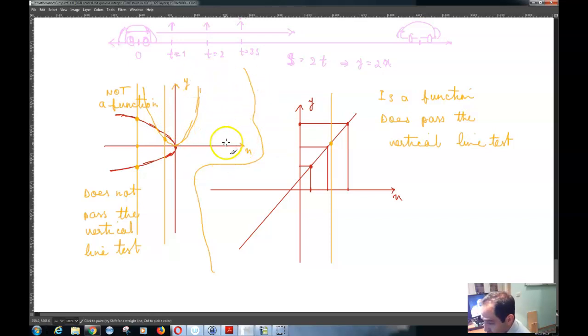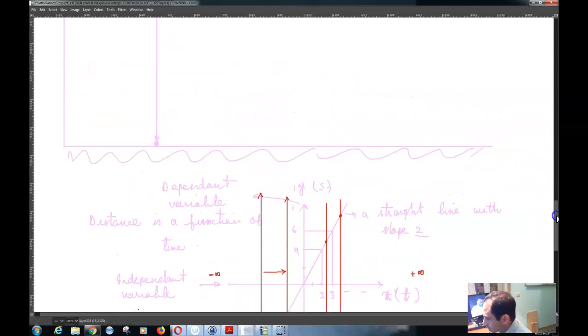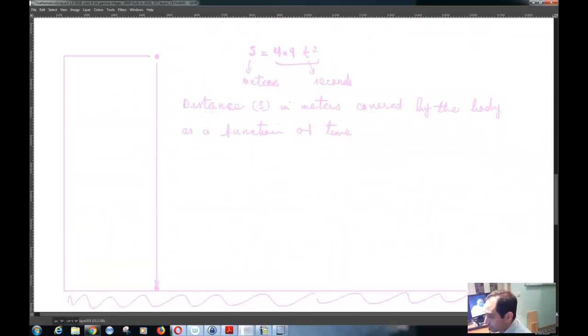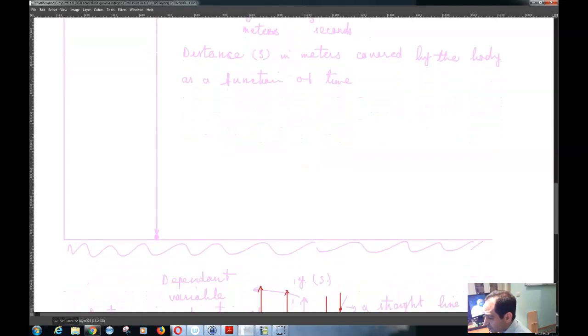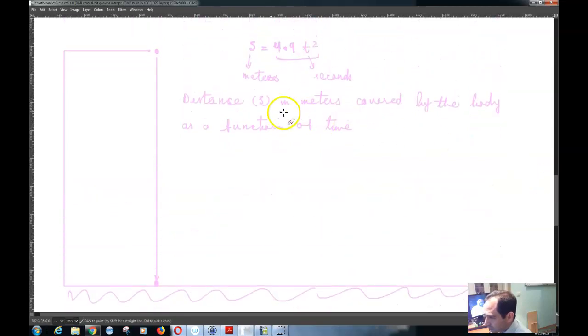So that's in short the concept of a function. Meaning that's what it means when we say that the distances in meters covered by the body is a function of time.